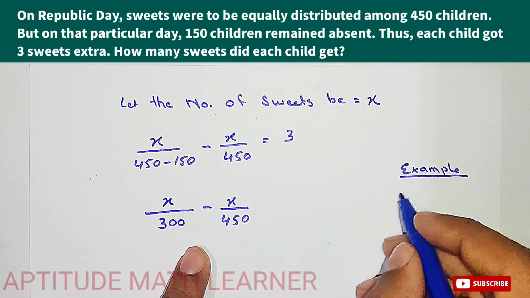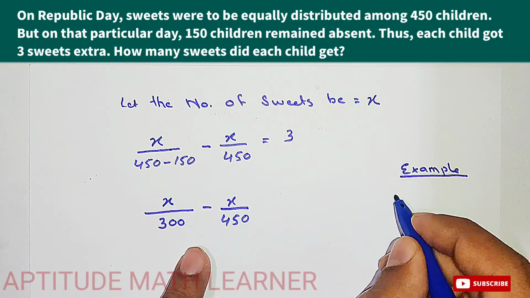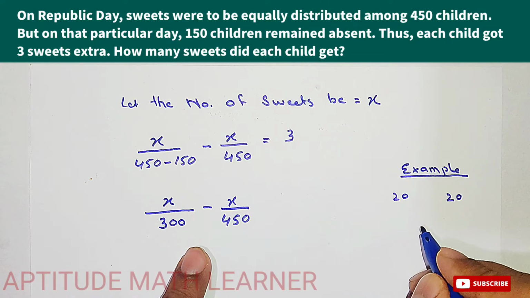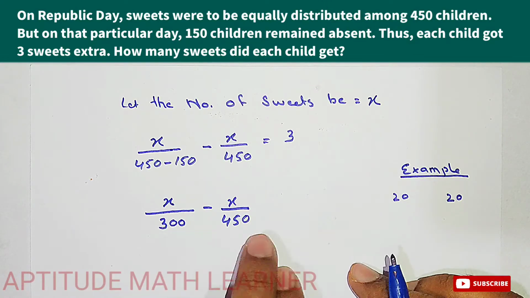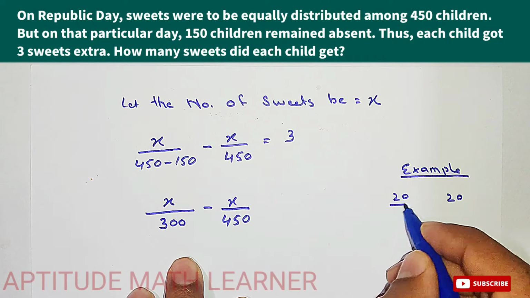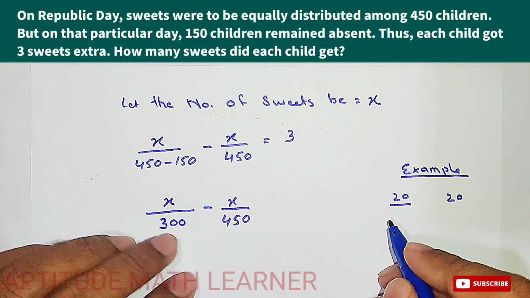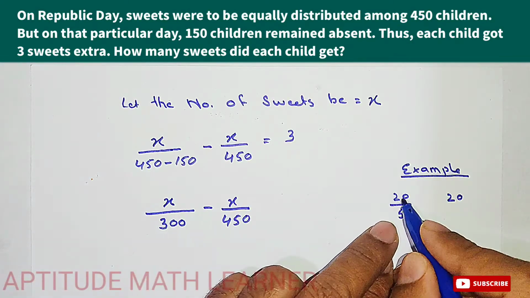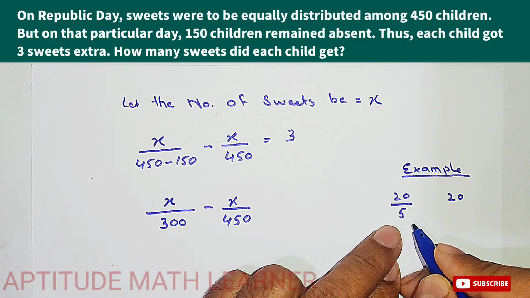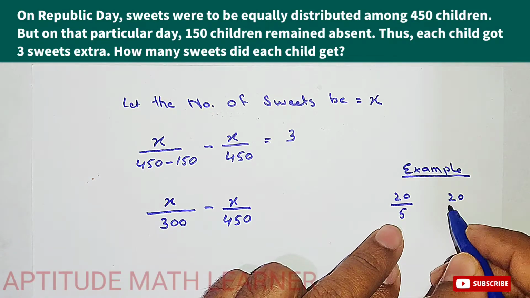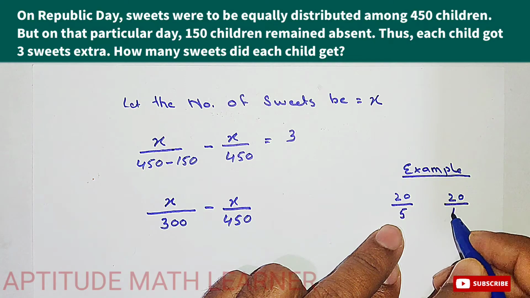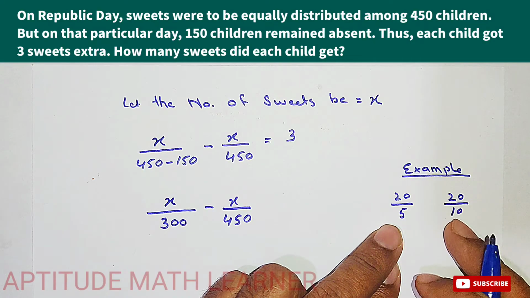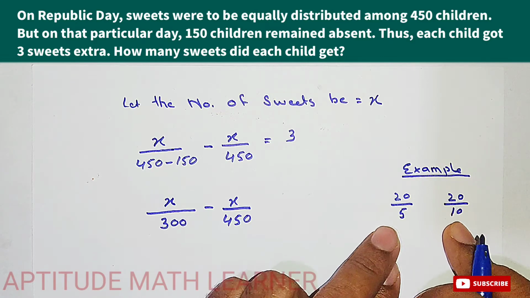So now we take x as 20 sweets, and here also 20 sweets. Now see the digits. We take the smaller digit 300 as 5, so 20 sweets are distributed among 5 children, and with 10, 20 sweets are distributed among 10 children.